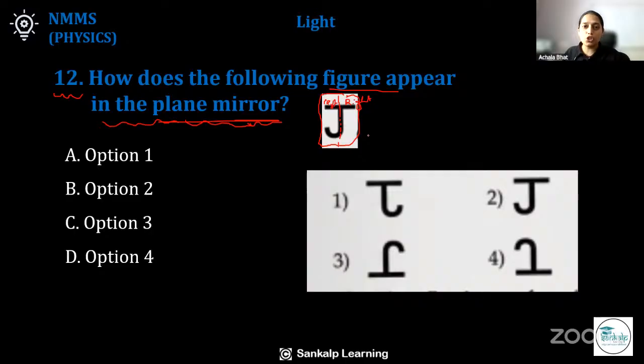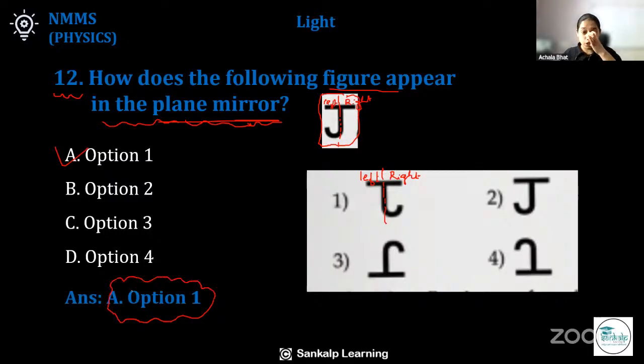Which option is correct? See, in this case, this part looks like left and this left part of the object looks like right side. So, option 1 is correct.